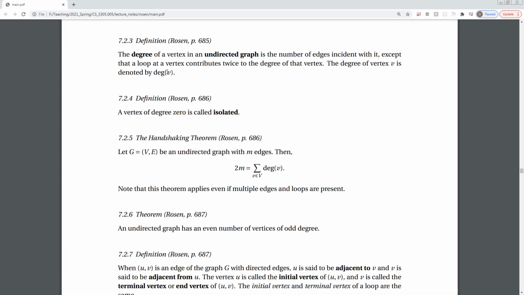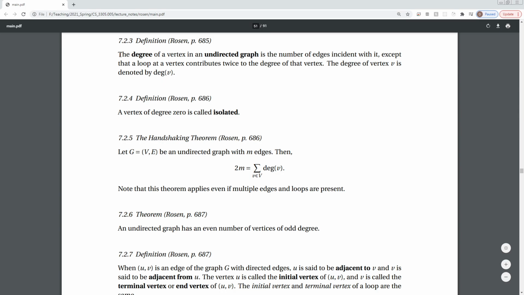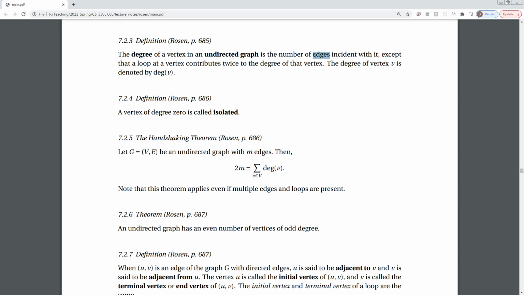Okay, so now the degree of a vertex in an undirected graph is the number of edges incident with it, except that a loop contributes twice to the degree of that vertex, right? So we're saying edges, but it's not distinct edges if you count loops. A loop counts twice, and we don't correct for it.